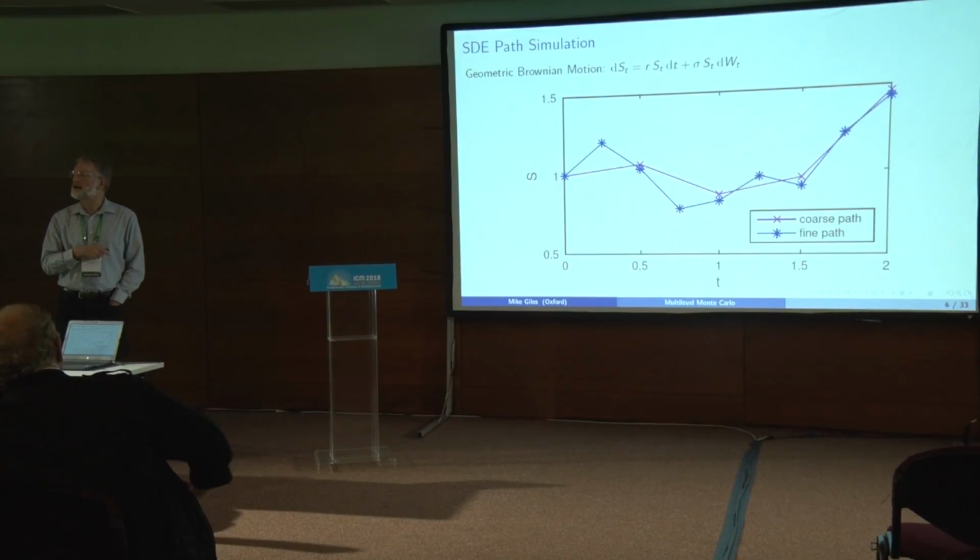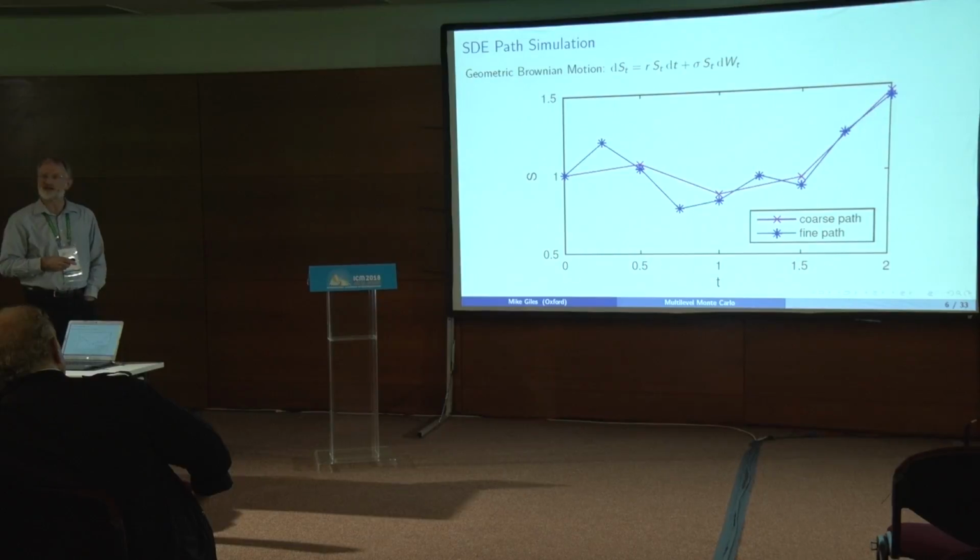So this is just a simulation of a couple of paths, where we're solving geometric Brownian motion. This is a classic SDE underlying the Black-Scholes financial model.